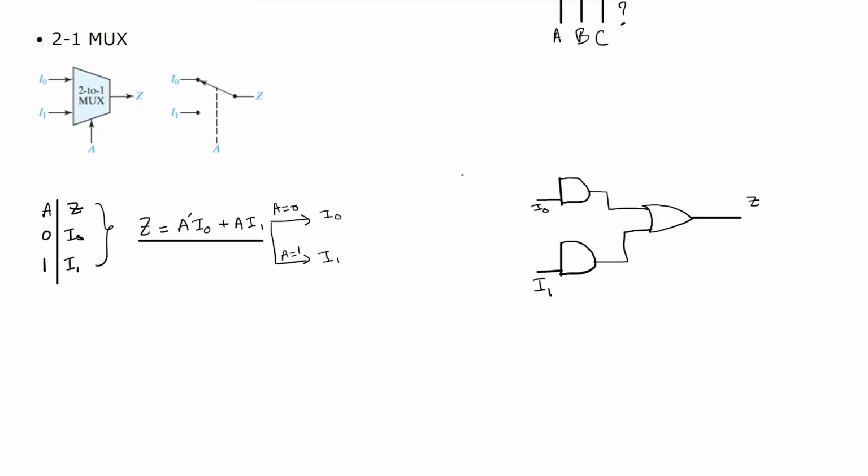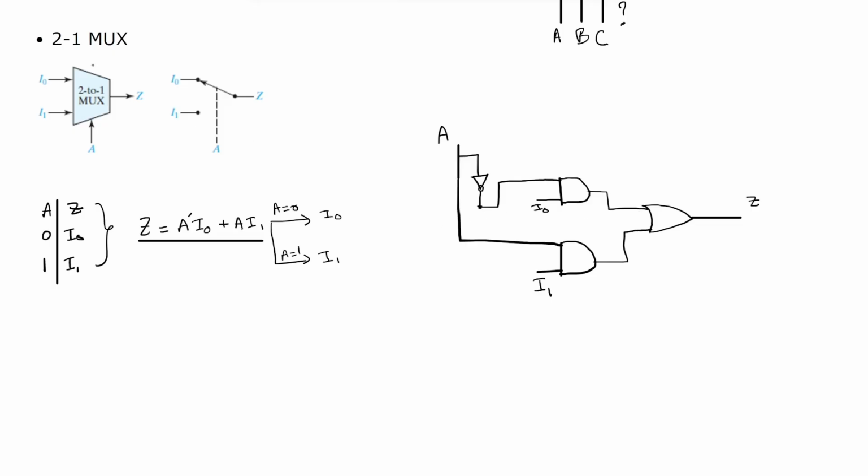And we also need A and A bar. So this is input A, and on this side we can have a NOT gate. For this AND gate we need A bar, so this will go here. And for this AND gate we need A, so we can connect it to A. So that's it. This is the circuit for a 2-to-1 multiplexer.